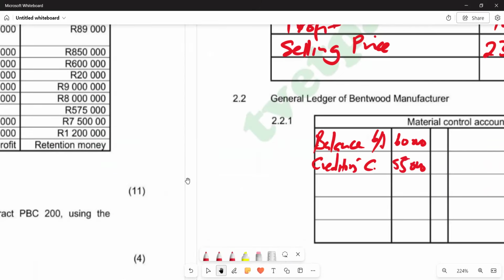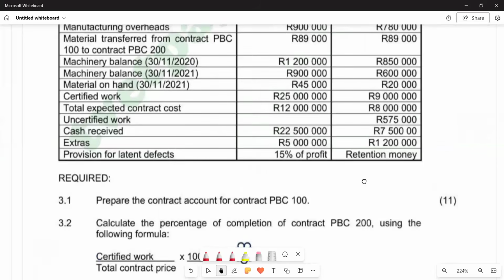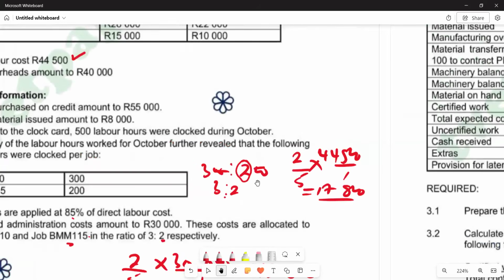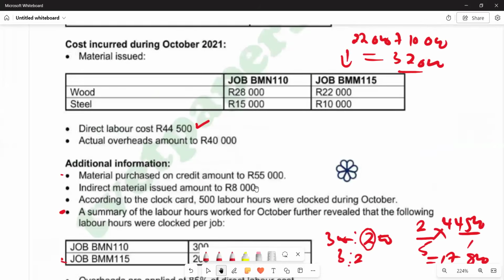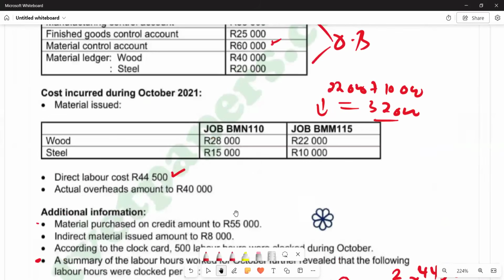And then we can go and look for other elements that we need to put there. Remember also, we have material that was transferred to production control, which we are having here: 28,000, 15,000, 22,000. So we are going to combine all of them, that is the two jobs.